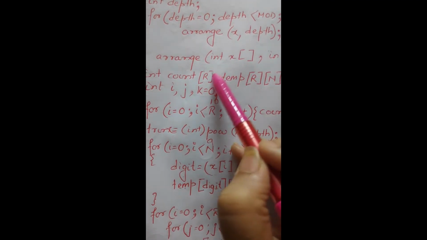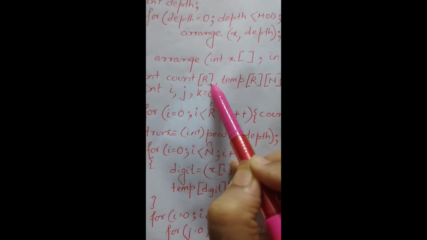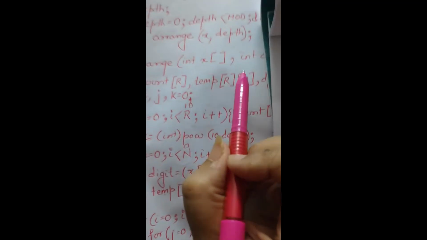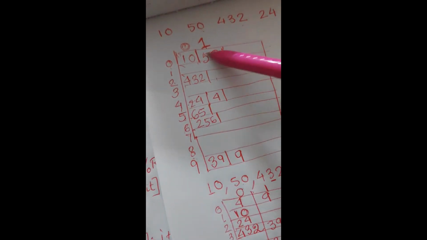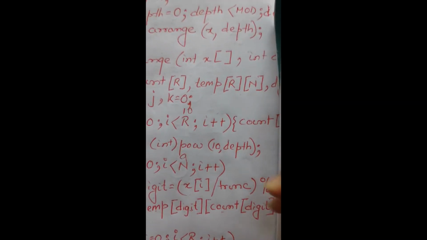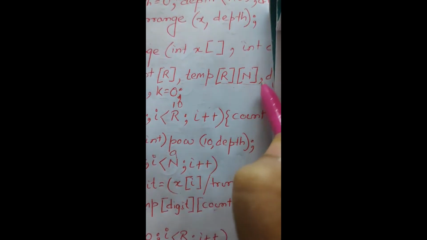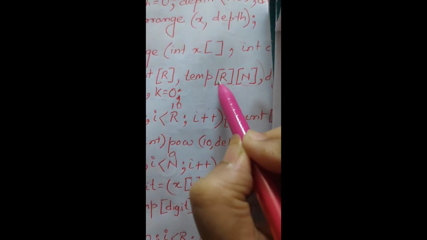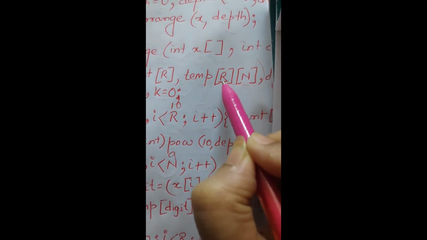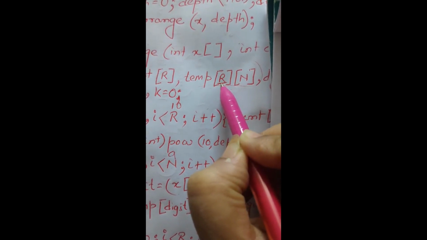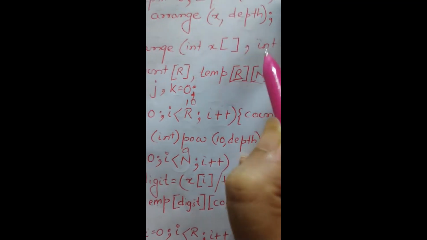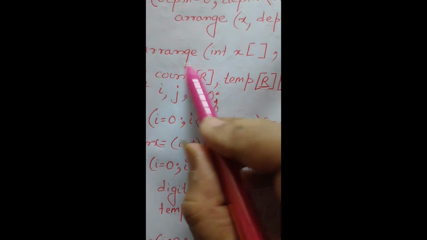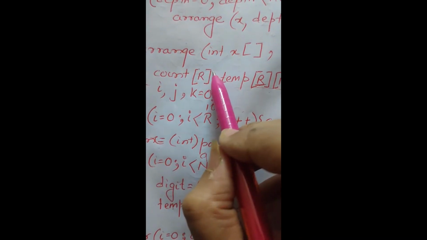In the arrange function, this count array is important, and this temp is the 2-dimensional array that we are creating. So this 2-dimensional array that we are creating in Radix sort is this temp array. R represents the number of digits that are there in your number system, and n represents the total number of numbers, right? Count R. Now what is the importance of this count R?